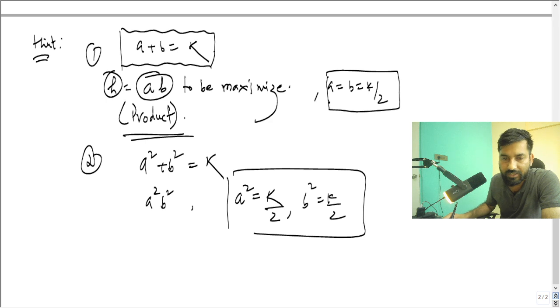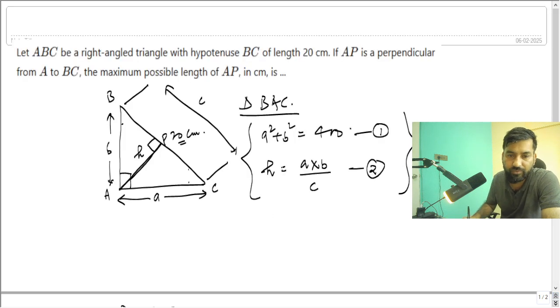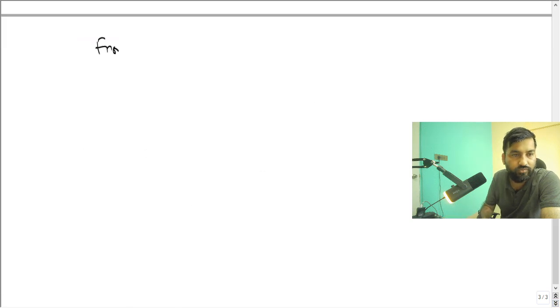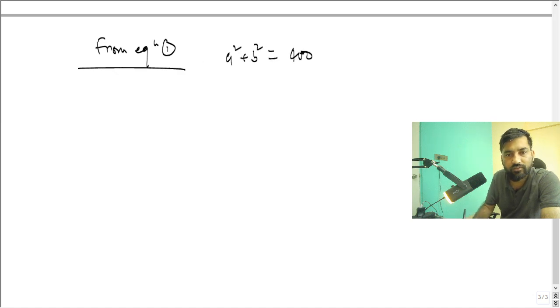Fine. Let me come back to the question now. Since we want to maximize this H, we have to maximize this A into B, right? So what can be the possible value of A and B from here? After learning this concept, you can note down from equation 1, A square plus B square equal to 400, right? So A square is going to be 400 by 2 and B square is going to be 400 by 2, right?